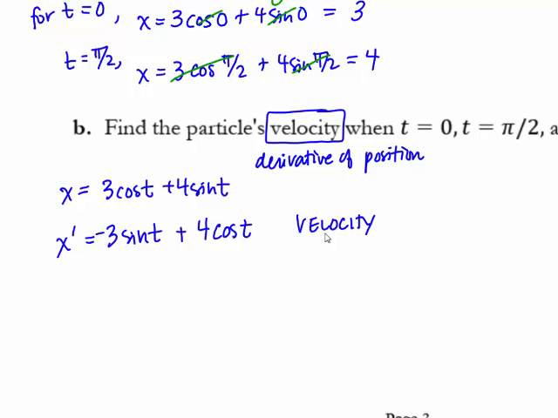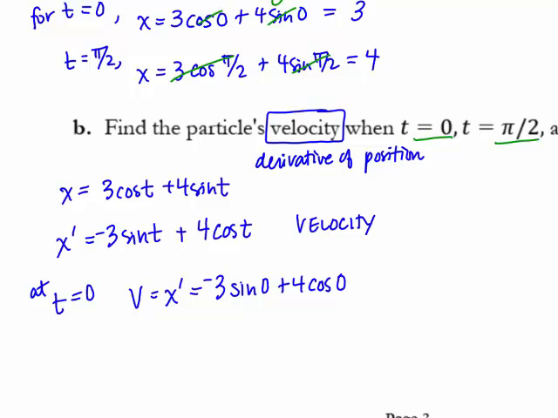Once we have the velocity function, we simply want to evaluate that at t equals 0 and pi over 2. So at t equals 0, we have that the velocity, or the first derivative of position, is negative 3 times the sine of 0 plus 4 times the cosine of 0.